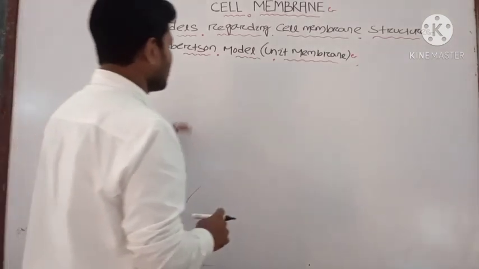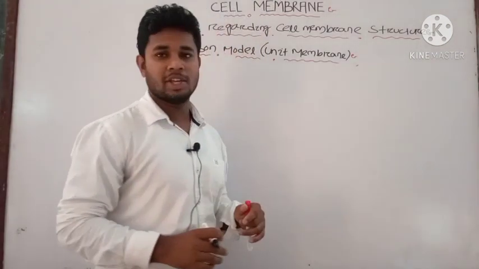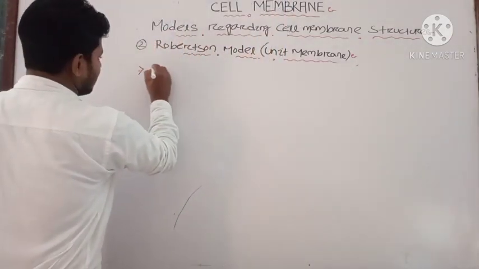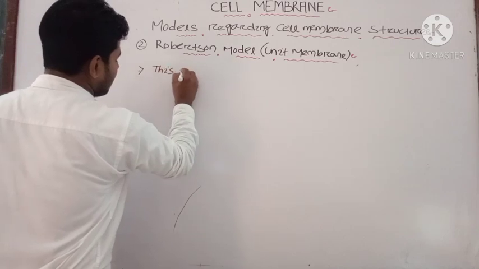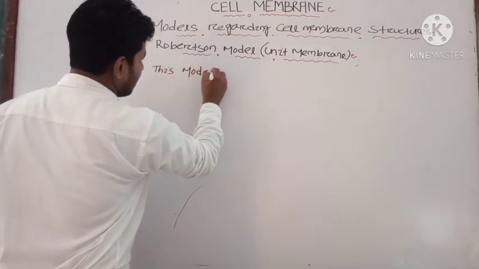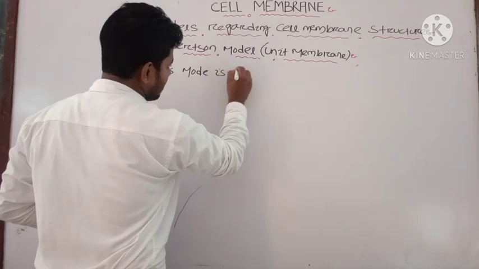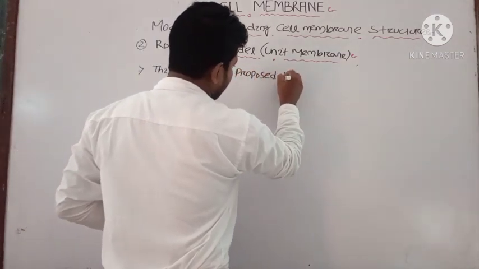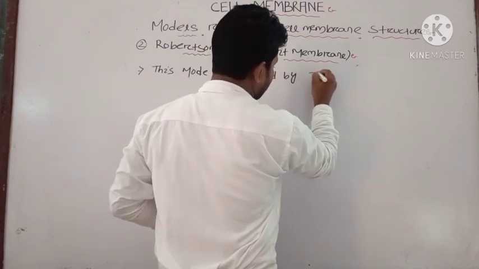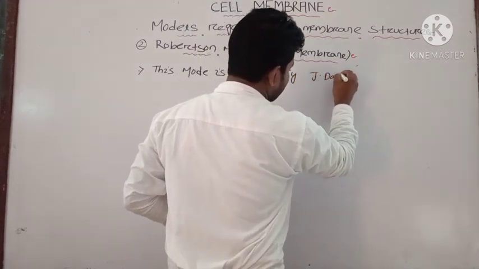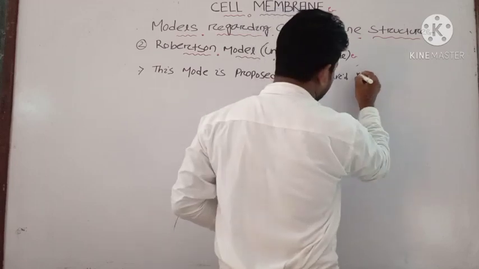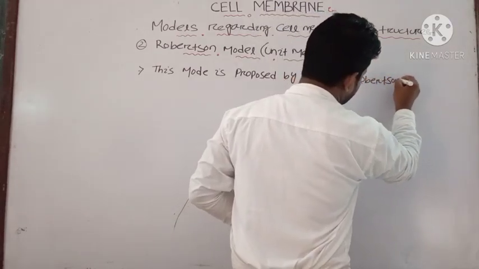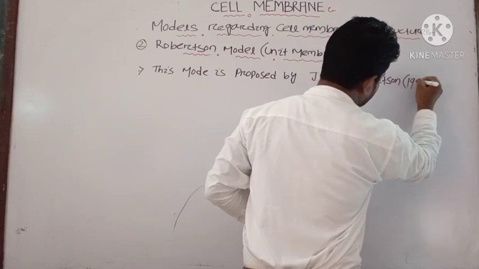Second model is your Robertson model, that is also known as your unit membrane, and this model is proposed by J. David Robertson in 1959.